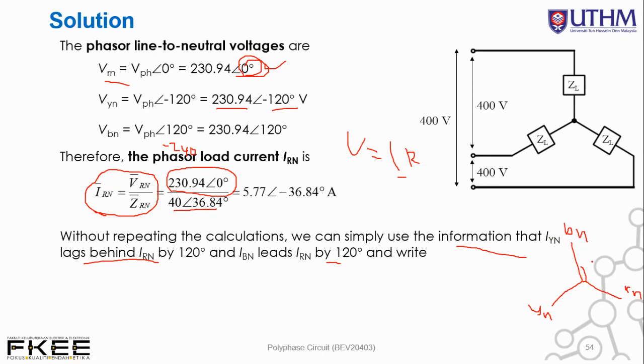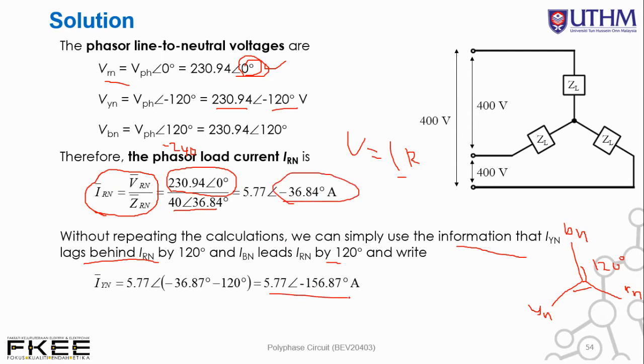So they are 120 degrees apart from each other. So by having said that, IYN is minus 120, so minus another 36.87 taken from this value, right? So we got 5.77 with a new angle. Okay. Similarly, for IBN, we have the same magnitude, but now we have plus 120, minus 36.87, so you get a new value of angle.